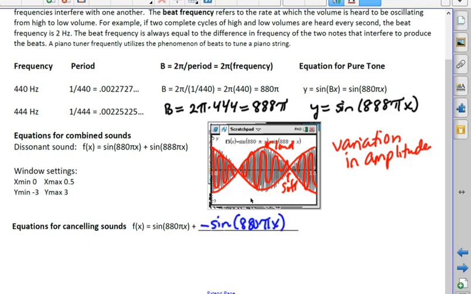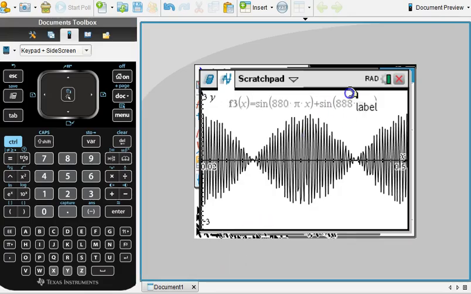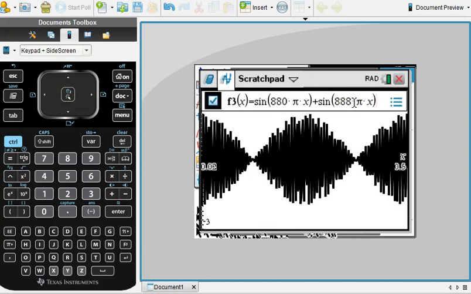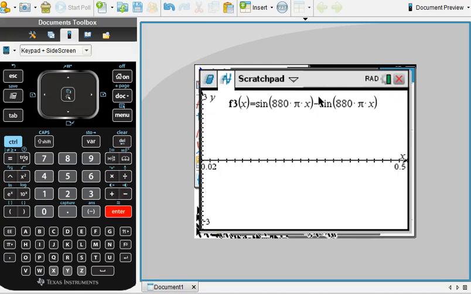So if we added a positive and a negative sine wave together, they should just cancel each other out. So let's edit this, change this to 880, and 880, and make this negative. Okay, notice there's nothing there. The graph is exactly 0.